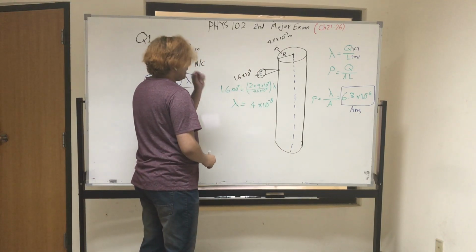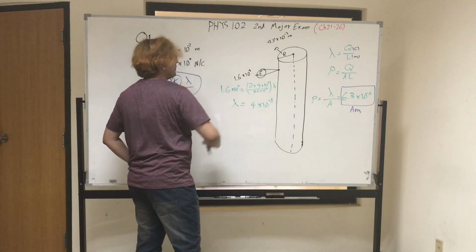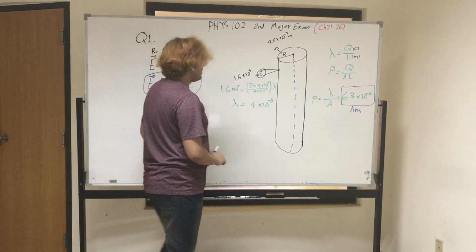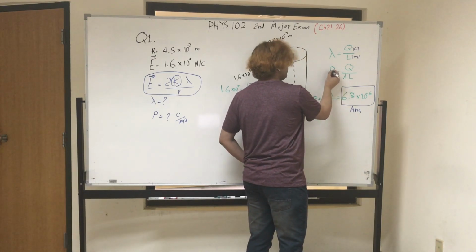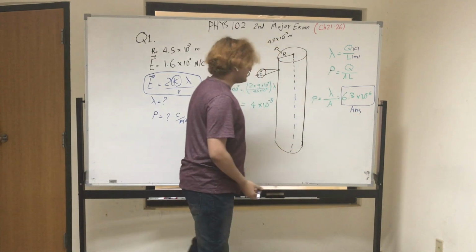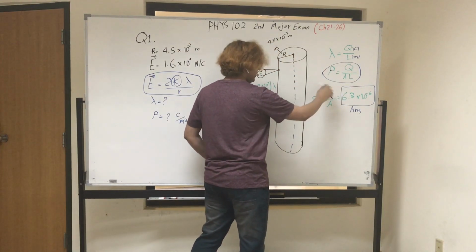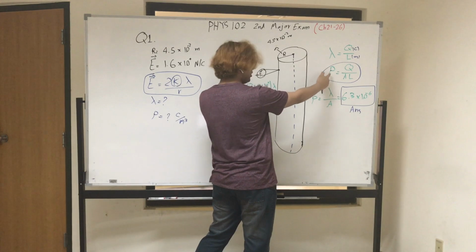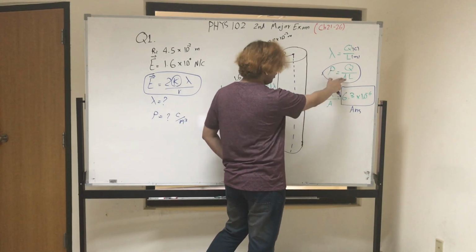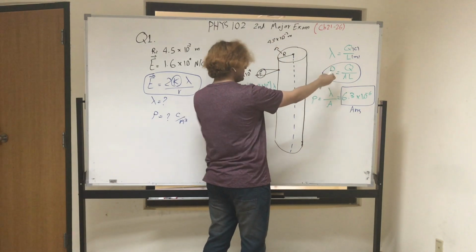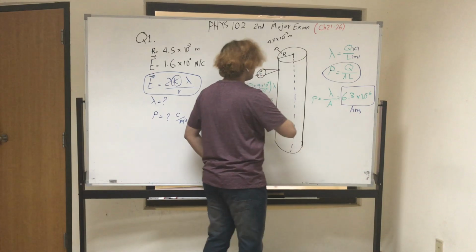We're trying to solve for lambda, and after we solve for lambda, we can find the volume charge density. The question is asking about this value right here. Linear charge density is charge over the length, and volume charge density is charge over the volume.